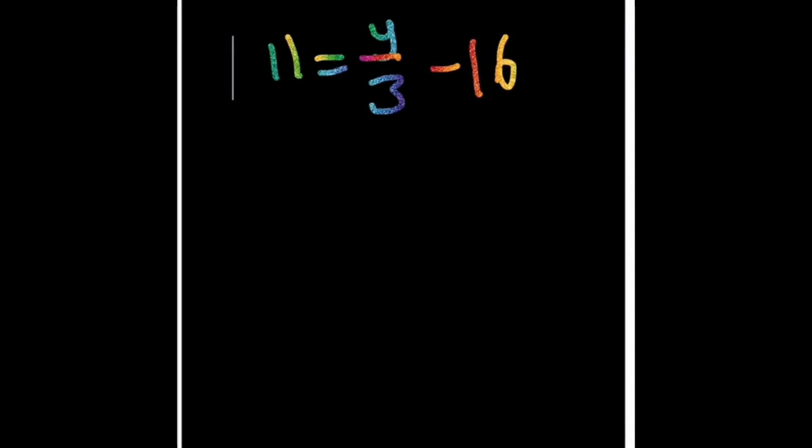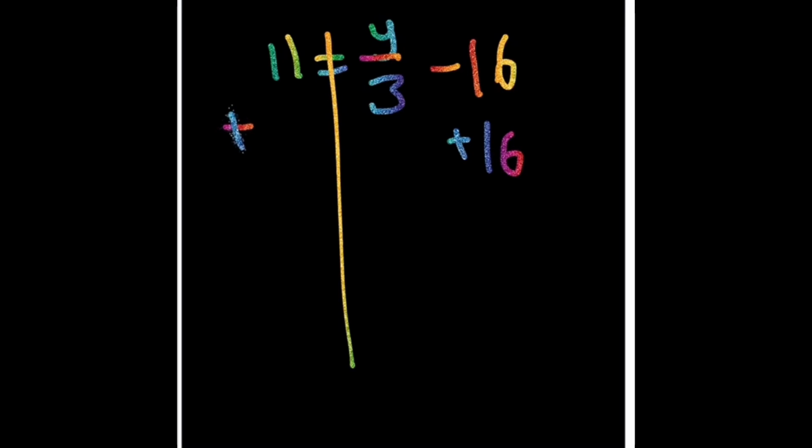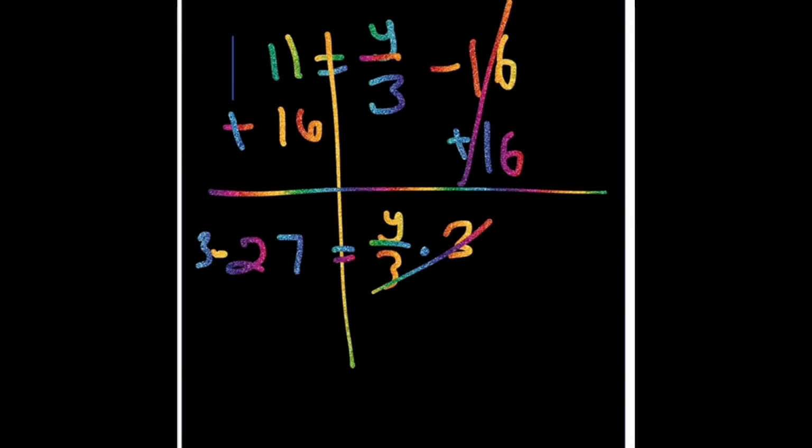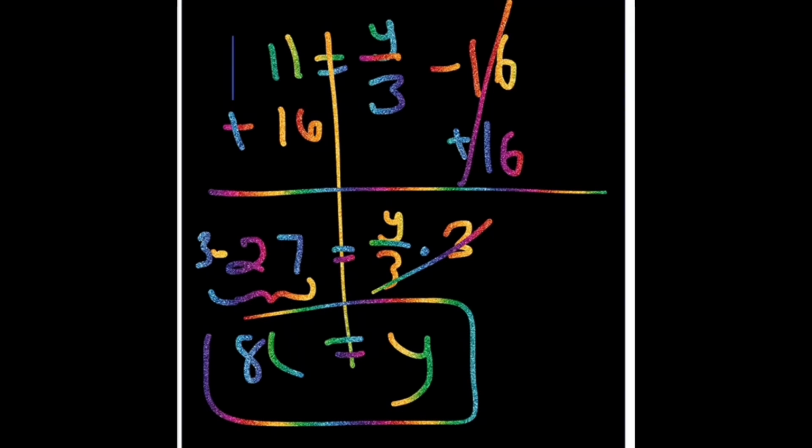Here, again, the same thing. We would add 16 to both sides first. We always do add and subtract before we do multiplication or division. We get 27, and that equals y over 3. We just times by 3, and you get 81 equals y.